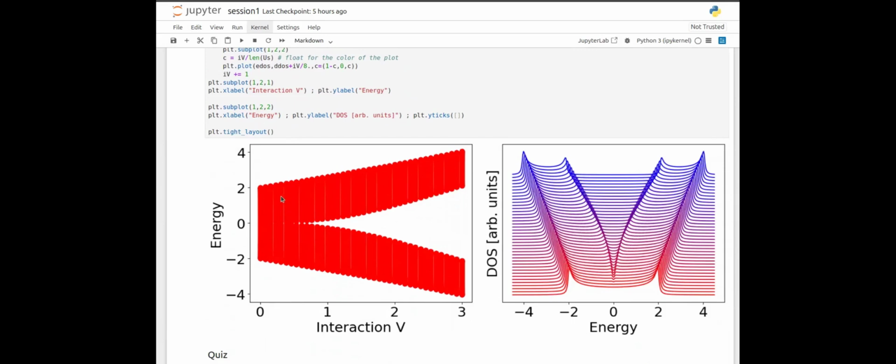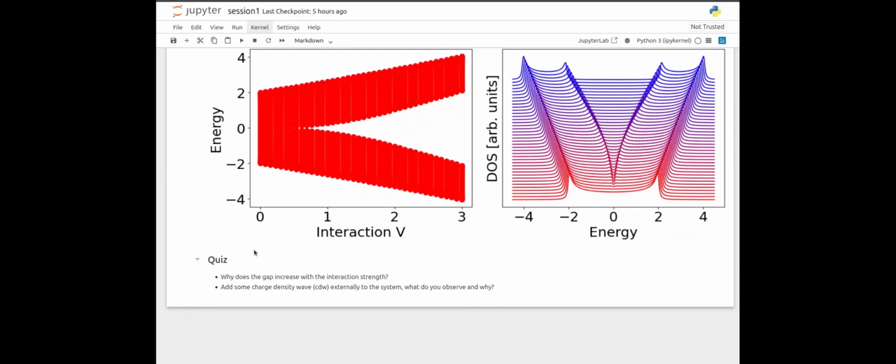The states show that as you make the interaction stronger, a gap opens up, and at very large values of the interaction, your gap evolves linearly with the strength of the interaction. And then the density of states show that as you make the interaction stronger, indeed a gap is opening up. So the behavior that you see in the plot on the right is the same as the behavior that you see in the plot on the left.